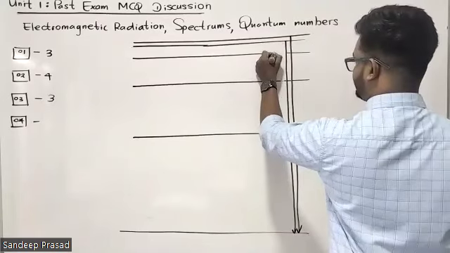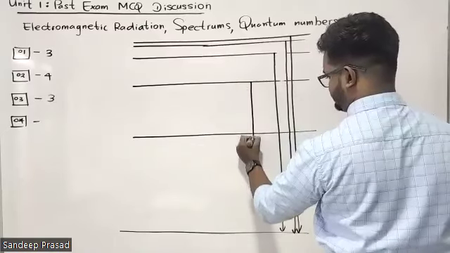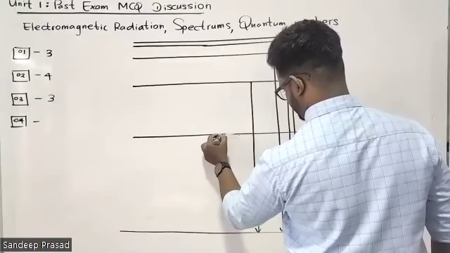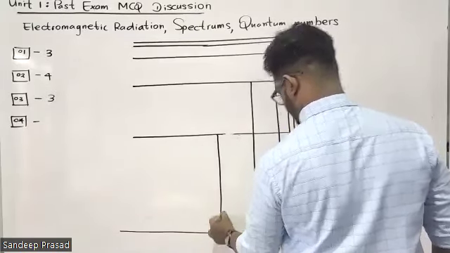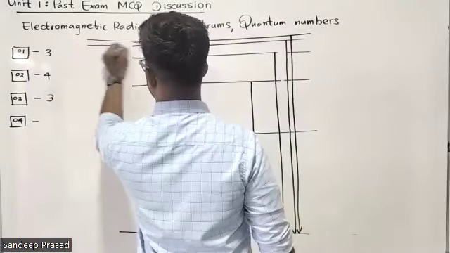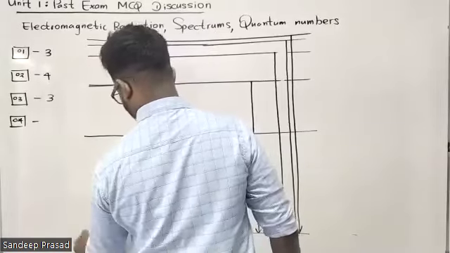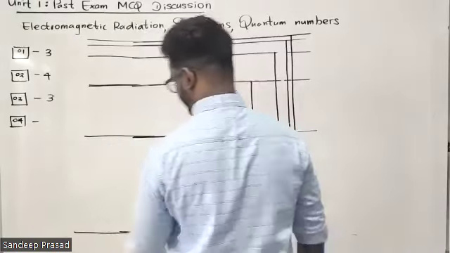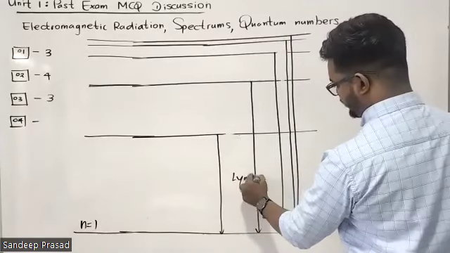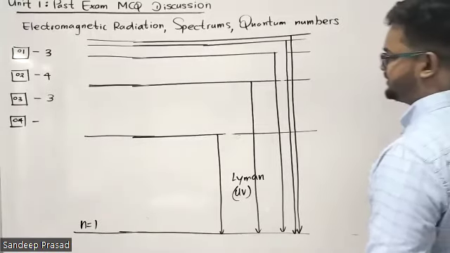In this way, okay? All the electron transitions falling to the first principal energy level are known as the Lyman series. And students, we know that the Lyman series belongs to the ultraviolet region in the electromagnetic spectrum, right?